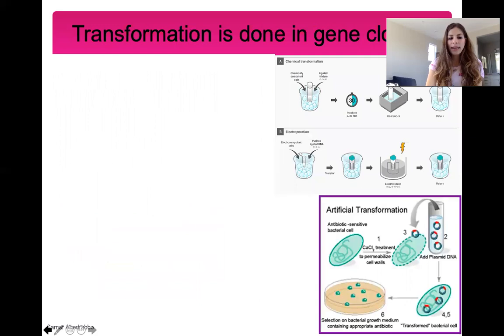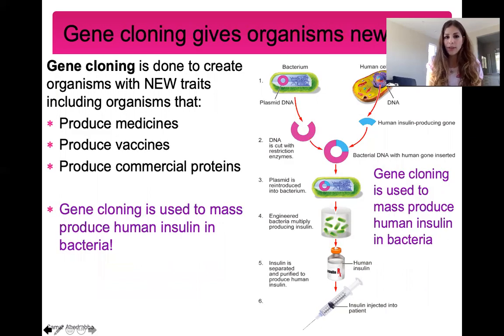So as you can imagine, gene cloning is very useful, and it's done to create new traits in organisms. We use it every day to produce medication. So insulin is a medication that we give to individuals with diabetes, produce different vaccines, produce commercial proteins, produce organisms or fruit and vegetables that are bigger, riper, tastier, last longer, are resistant to different pests, weeds, all of that.